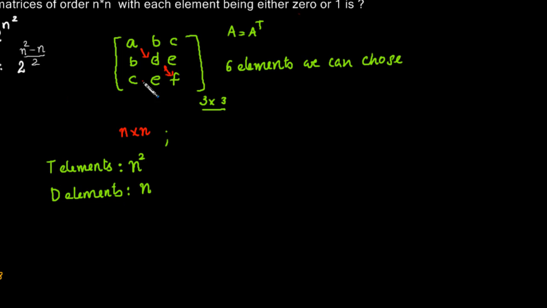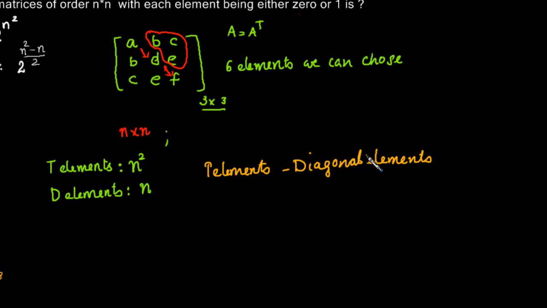Now we need to find out how many elements are here. So how we are going to do this is, we are going to subtract from the total number of elements the number of diagonal elements. So we are going to find out total number of elements minus diagonal elements. Okay. Now what we have got?